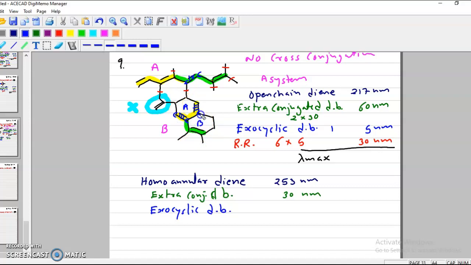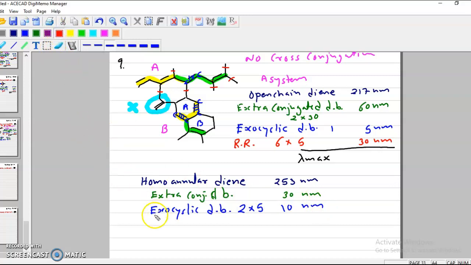Because this carbon is in the ring, but this carbon is outside the ring, so it is not exocyclic. This is exocyclic. Well, the third extended double bond is not an exocyclic. So 2 exocyclic double bonds, and therefore we will add 10 nanometer for this one.